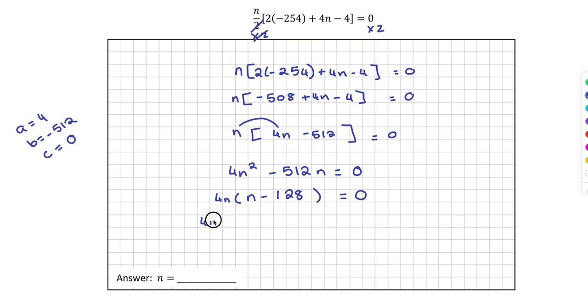That means that one or both of the things multiplying must give me 0. In this case, I get n is equal to 0, which it can't be because n is a natural number. In this case, add 128 to both sides, and I'm going to get n is equal to 128. So there we have it.